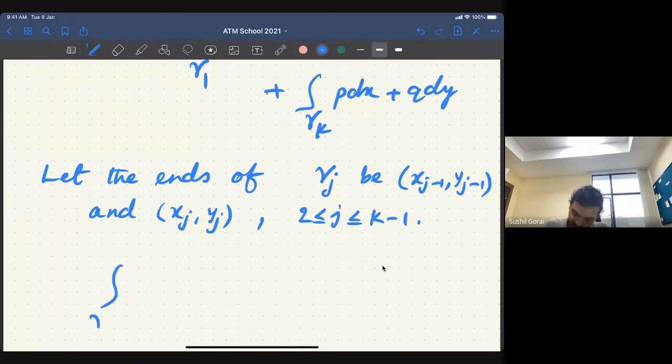So the integration over gamma k of p dx plus q dy.